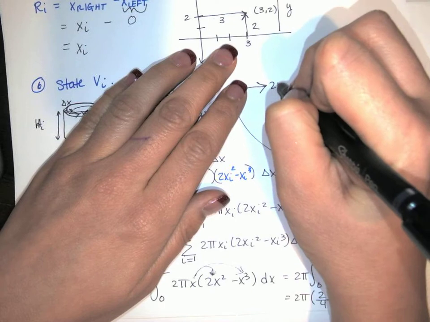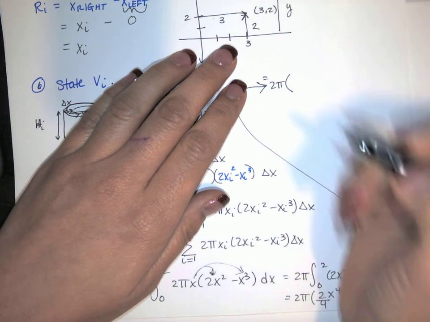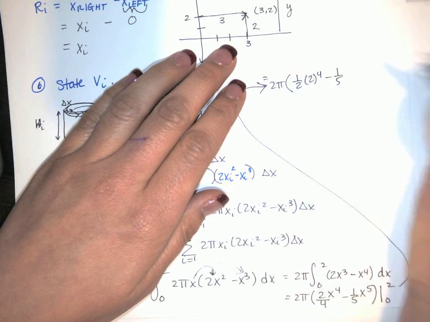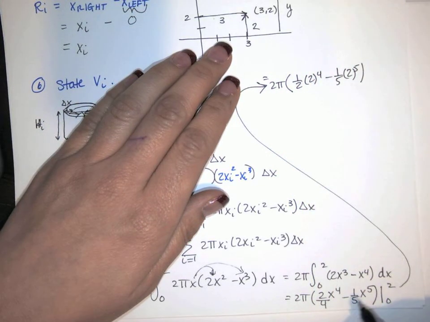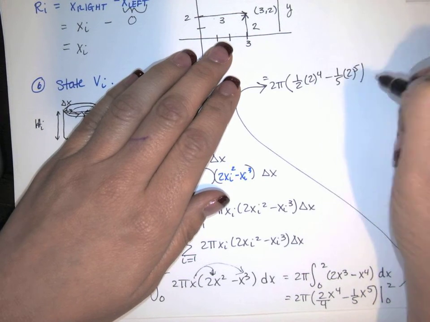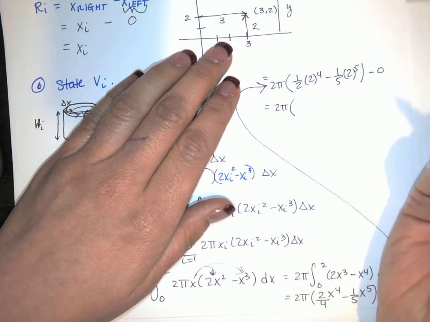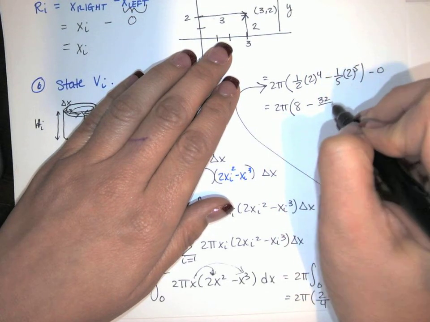So I've got 2 pi times, this is going to simplify to 1/2 times 2 to the 4th minus 1/5 times 2 to the 5th. And when I substitute in 0, I get 0 minus 0, so it's just 0. So I've got 2 pi, 16, half of 16 is 8, and then I've got 32 over 5 there.